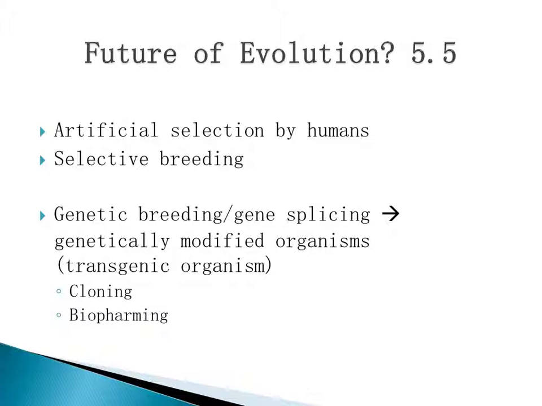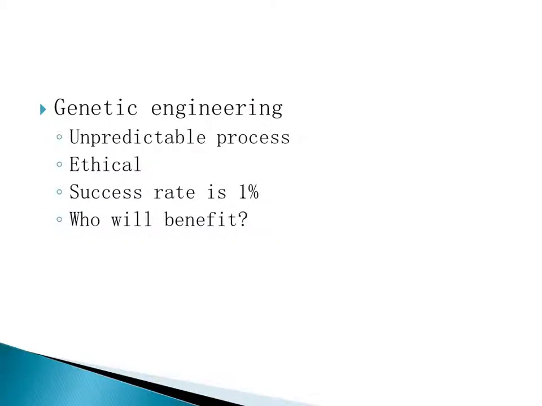Cloning brings huge ethical issues. Biofarming is the idea that we create organs in pigs, for example, that humans would take out for benefit. Genetic engineering, in the past few years, has become extremely controversial.